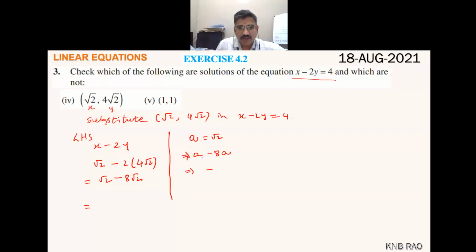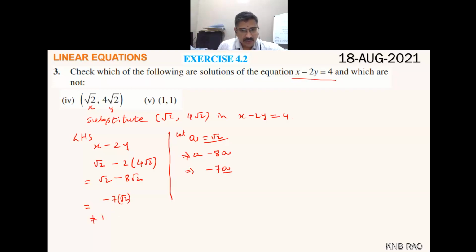From 8a, 1a is taken away, because it is a difference, and 7a remains. Since the negative term is more, its sign is given. So minus 7a. Similarly here, minus 7 times root 2, because a is root 2. So this is the answer.